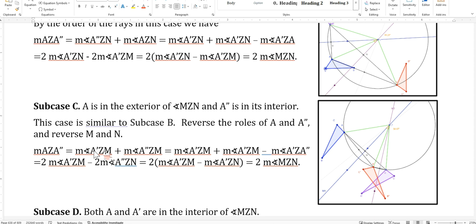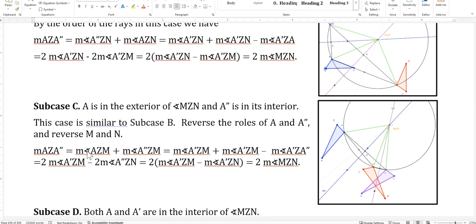A prime to Z to M. So it's A prime to Z to the midpoint here, plus A double prime to Z to M, plus M A double prime to Z to M.